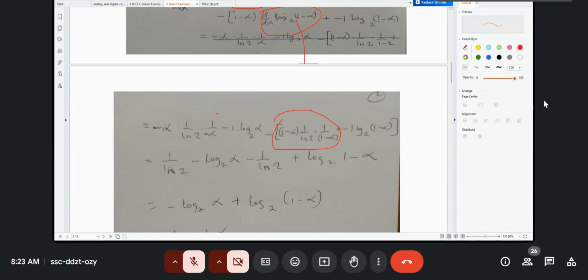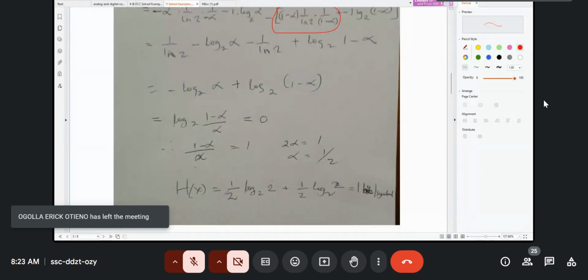You get 1 over the natural logarithm of 2 minus log 2 alpha, and then minus 1 over the natural logarithm of 2 plus log 2 of 1 minus alpha. So this cancels out, and you end up having minus log 2 alpha plus log 2 of 1 minus alpha equal to 0.